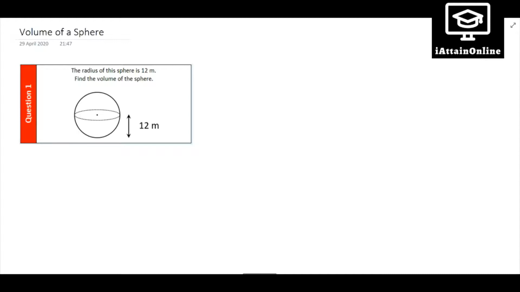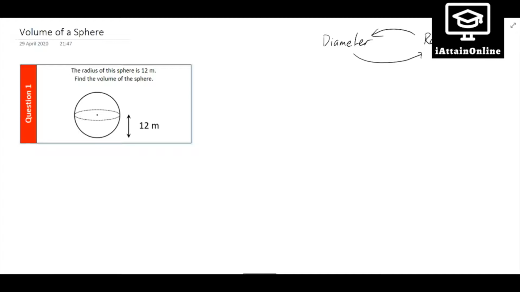Now, the same rules apply to this as with just a regular 2D circle. You need to remember that if you have the diameter and the radius, or if you need one or the other, and you're given one, you need to remember how to get from one to the other.